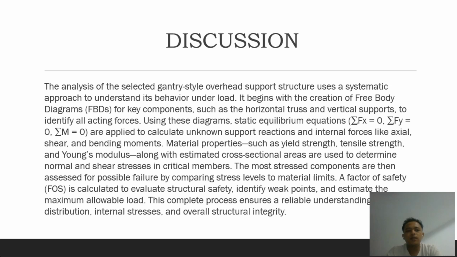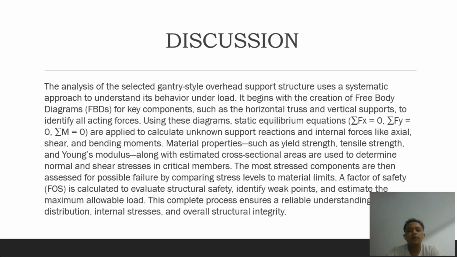Material properties such as yield strength, tensile strength, and Young's modulus, along with estimated cross-sectional areas, are used to determine normal and yield stress in critical members. The most stressed components are then assessed for possible failure by comparing stress levels to material limits.